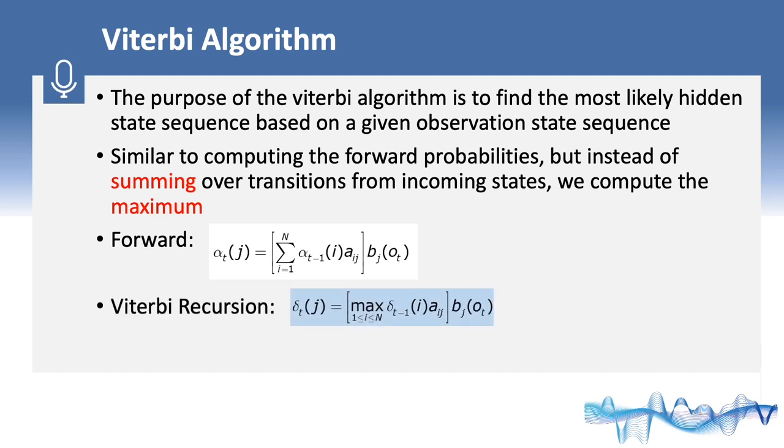In Viterbi recursion, we define a variable delta_t(j), which is the largest probability along a path. What we are looking for is the state sequence represented by the largest delta_t(j) at time t.